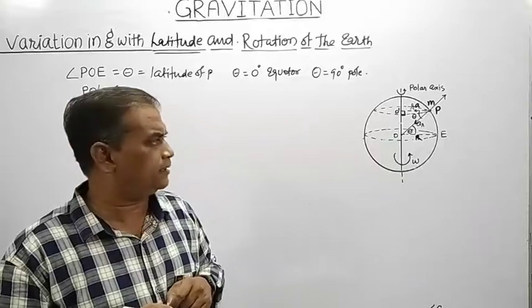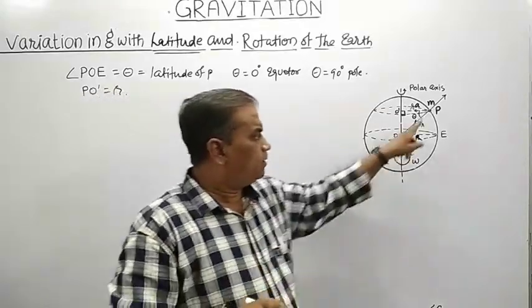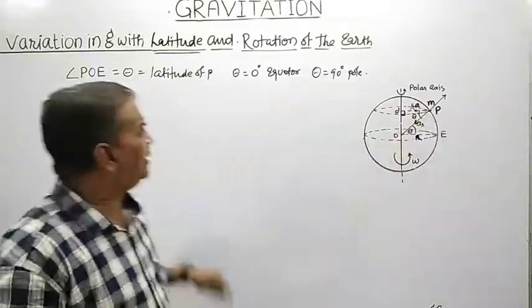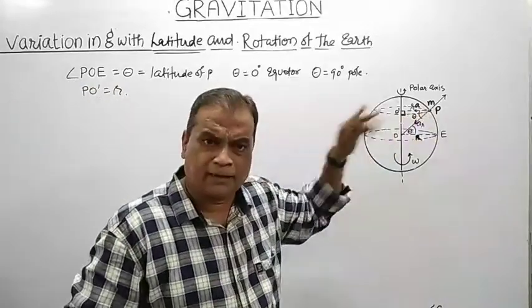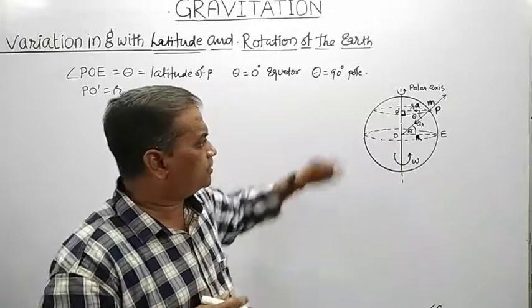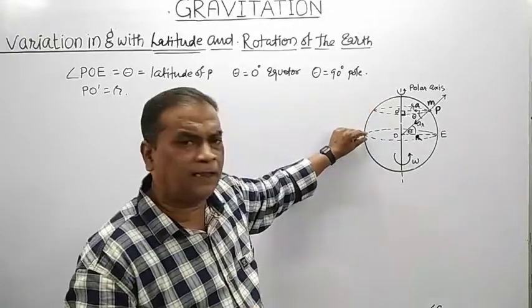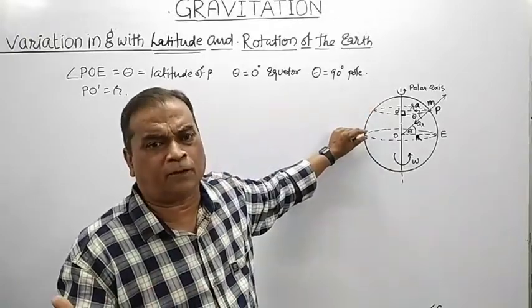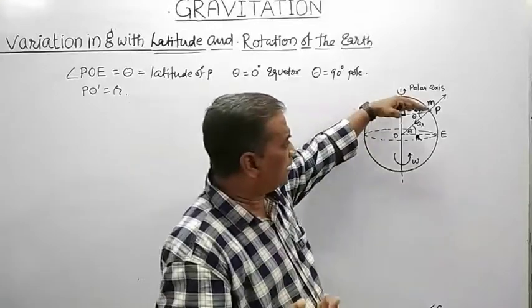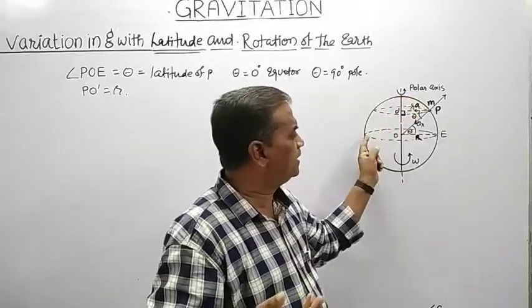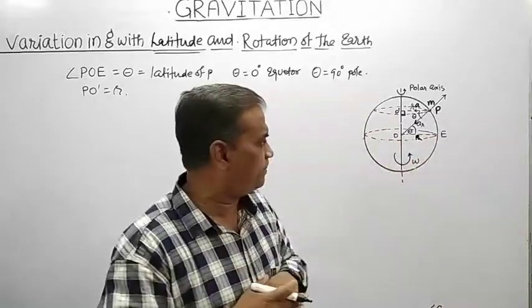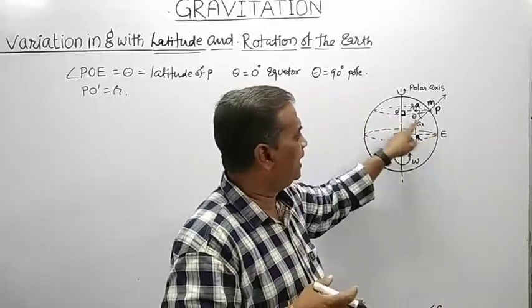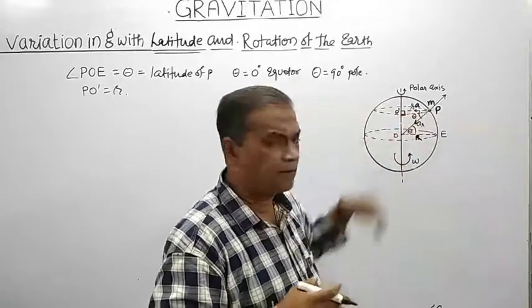Now, as far as particle P is concerned, what is the latitude of the particle at position P? It is theta. Now see here, this circle is parallel to the equatorial plane of Earth. It means the radius of this circle is parallel to the radius of what? The equatorial plane. This side and this side, they are parallel.